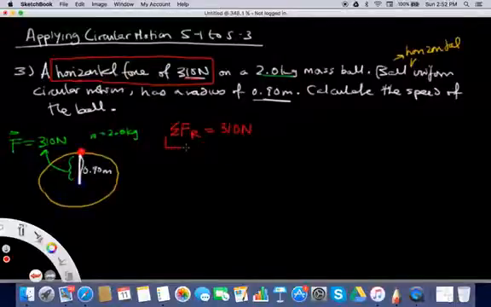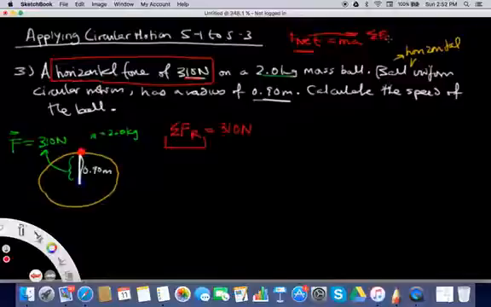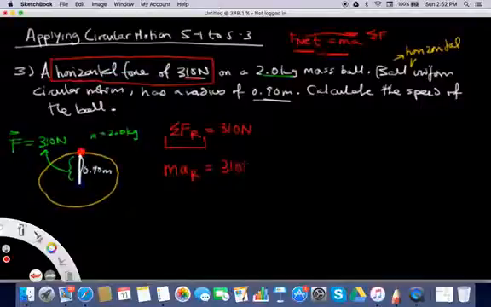So we can rewrite net force using Newton's second law, that F net equals ma, and F net is nothing but the summation of all forces. Using this basic principle, we can rewrite this as the mass times the centripetal acceleration equals 310 newtons.